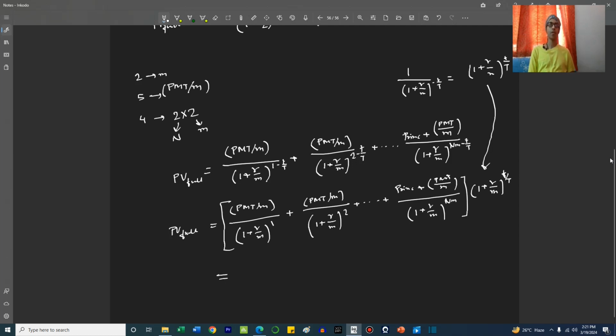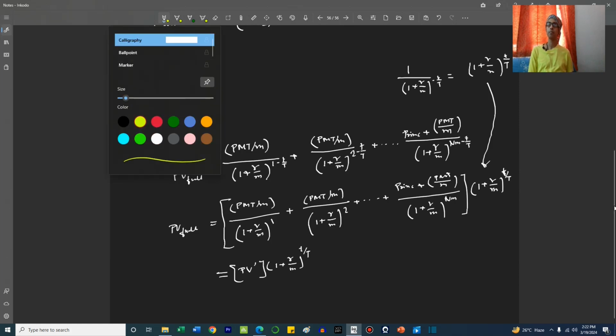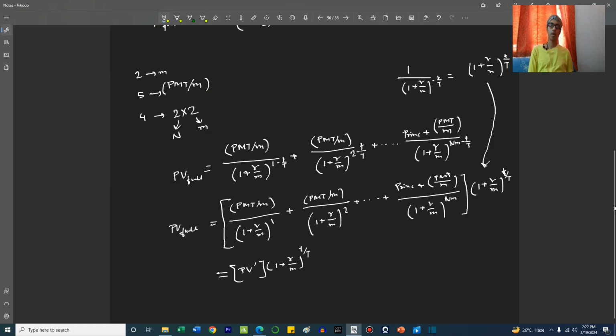Now this entire expression within the brackets we write as PV dashed. So PV full is PV dashed into 1 plus R by M to the power t by T. Also we know what accrued interest is, right? Accrued interest is equal to t by T into PMT by M, right?